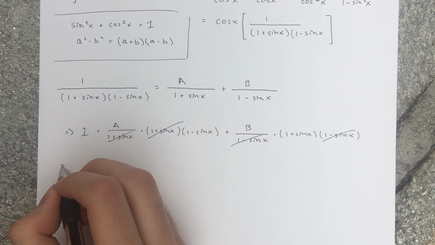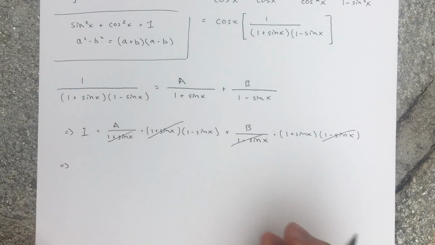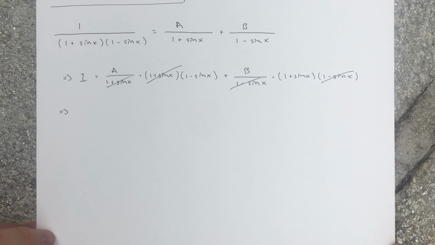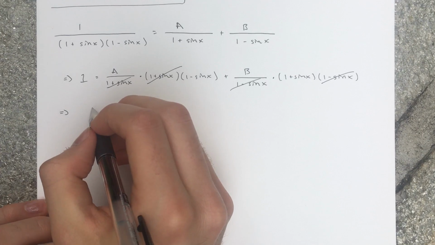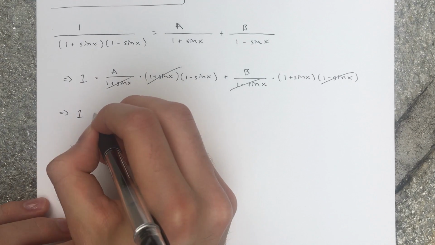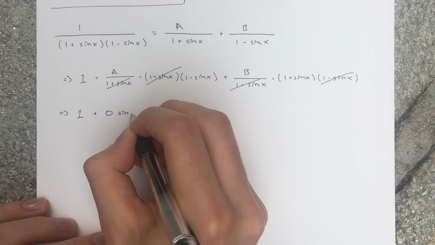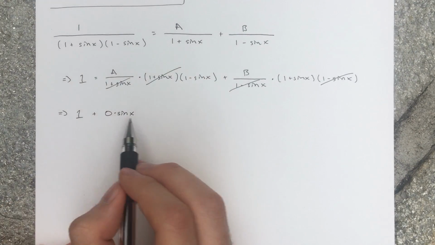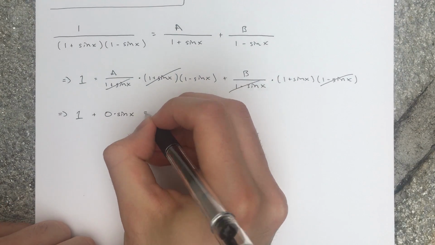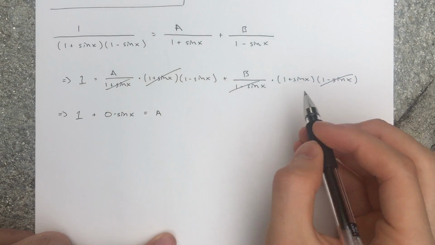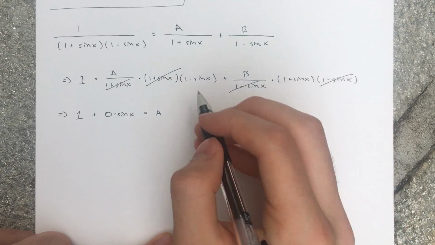So I'm going to rewrite this, and you'll see why in a minute. But I'm going to write it as 1 plus 0 sine x. So here I just added a 0. That's perfectly legitimate. I'll distribute this now. We'll get an a and a b. B times 1 is just b.